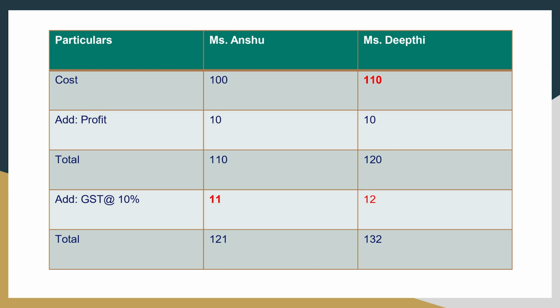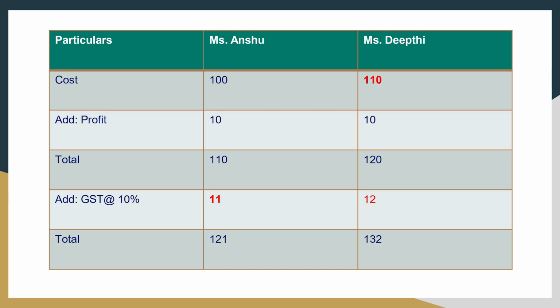But here comes GST. They have to collect the GST whenever they supply goods to their customers, and deposit that GST with the government. Let us take the GST percentage as 10, so it will be around 11 rupees.